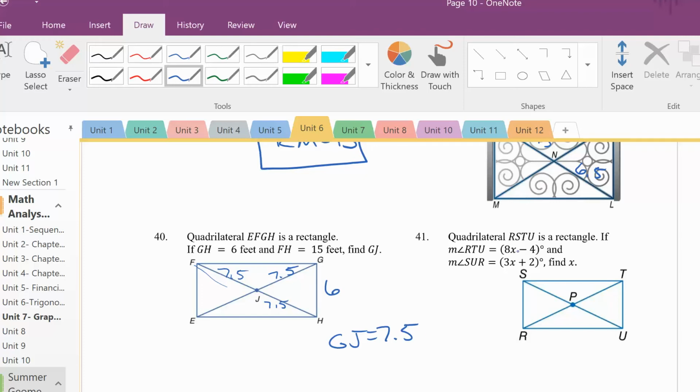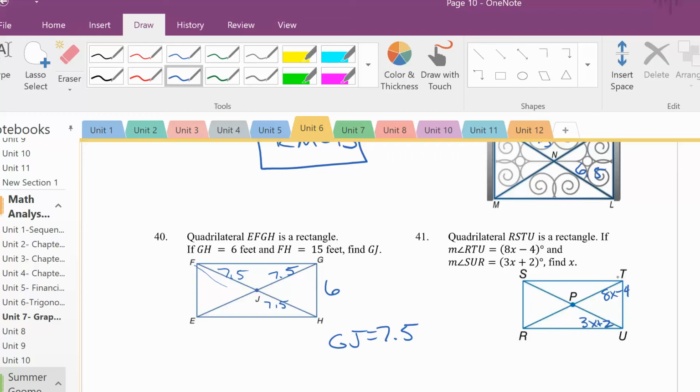All right, so last one, quadrilateral RSTU is a rectangle. If the measure of angle RTU here is 8x minus 4, and SUR is 3x plus 2, find x.